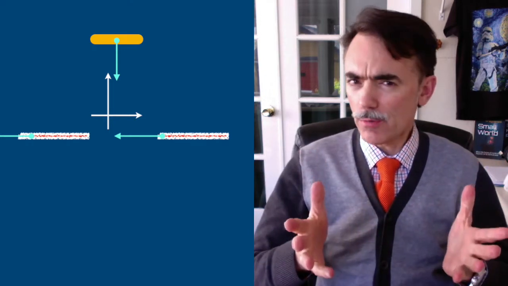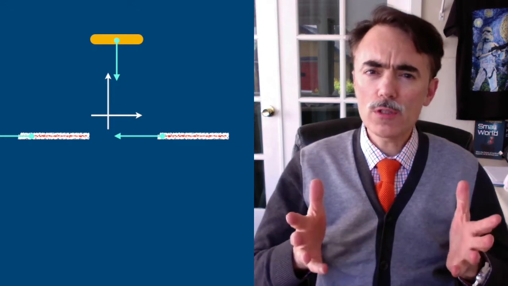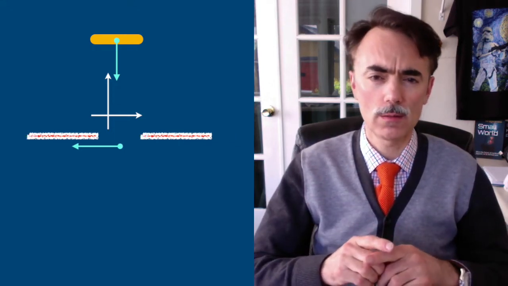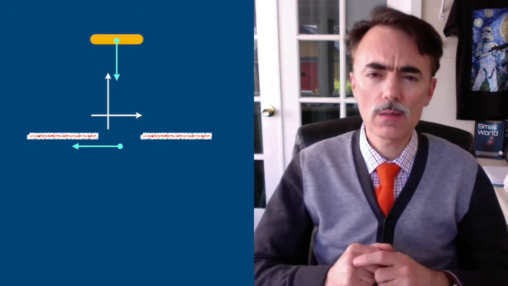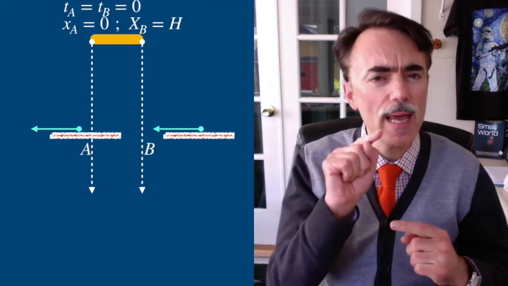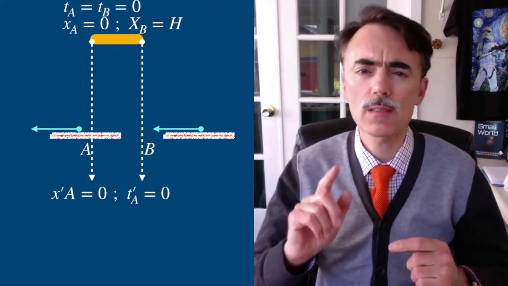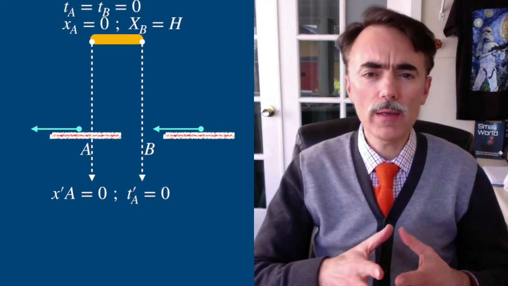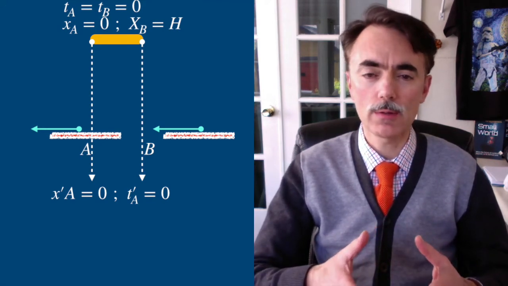In this frame, the board is not contracted in the horizontal direction, but the hole is. So let's grab the Lorentz transformation equations and find the coordinates of events A and B as seen from this new reference frame. x prime A is 0 and t prime A is 0.